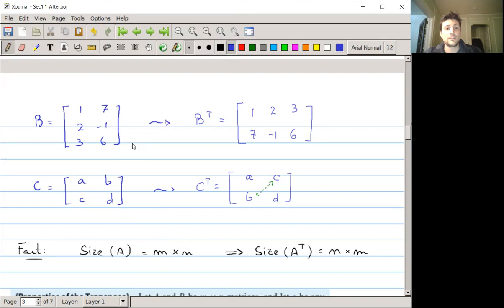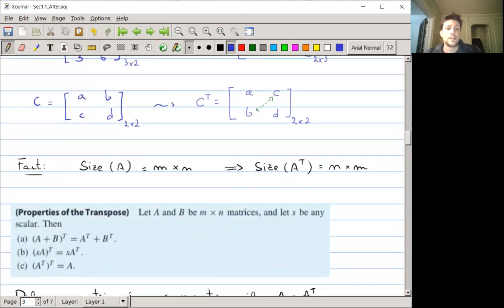Let's write it down in this example here. Matrix B has 3 rows and 2 columns. B transpose has 2 rows and 3 columns. Well, C is a little less interesting in that respect because it's a 2x2. When I transpose a square matrix, I get a square of the same size.